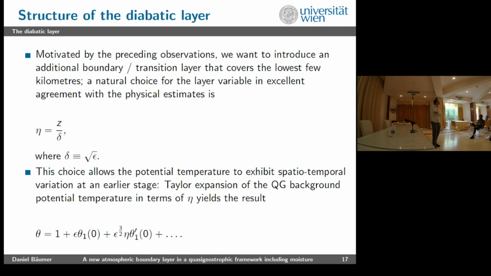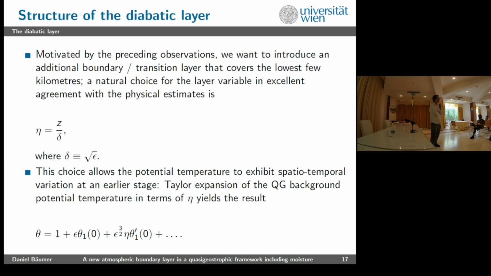So we're kind of emulating the matching principle right now to try to get the right idea. Then we get the result. This is 1. This is also a constant term. And here we have epsilon to the 3/2 times eta times that derivative.